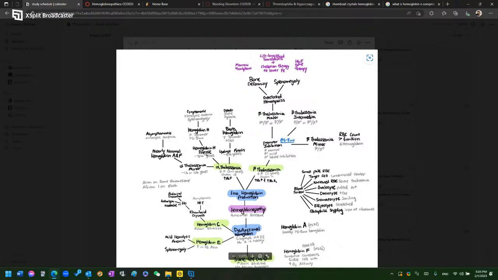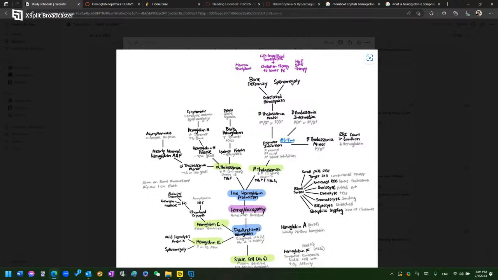But the main reason that hydrops fetalis and hemoglobin H are different is because people with hemoglobin H normally survive past their baby childhood. So then they have a chance at producing hemoglobin A. That's how you get beta tetramers, hemoglobin H.